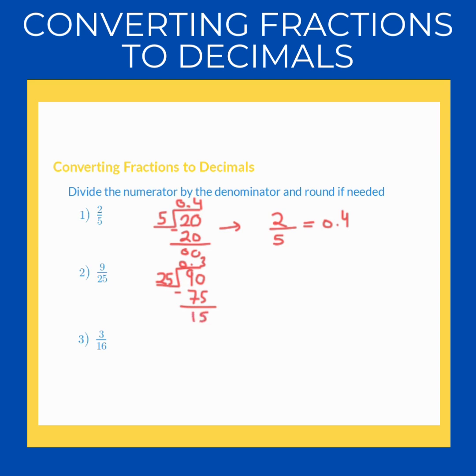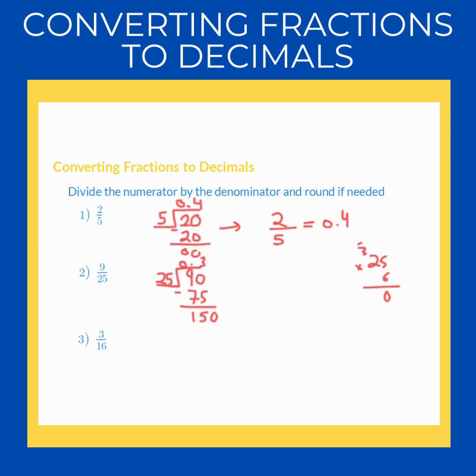Now I need to divide 15 by 25, but I can't because 15 is smaller than 25. So I add a 0. Now let's think of a number. When I multiply by 25, the answer is 150. Let's try 6 times 25 on this side. 6 times 5 is 30.